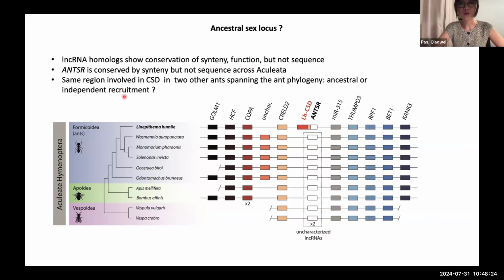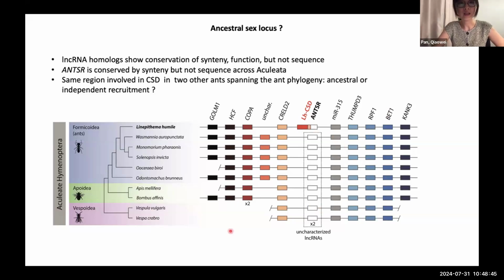To investigate how conserved ANTSR is, we looked at the genomic neighborhood that contains ANTSR across different ant species, but also in bees and wasps. What we saw here is a highly conserved gene identity and gene order in this region. Flanked by the same genes, there's always a non-coding RNA.